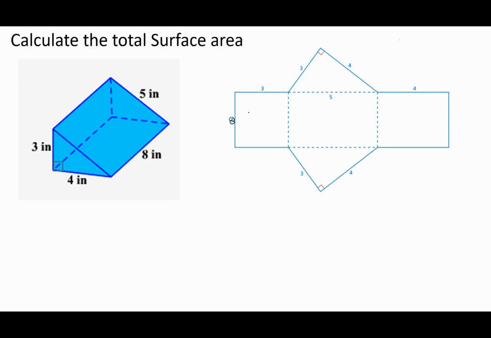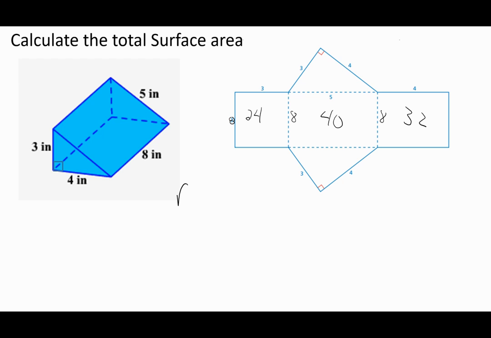The value of our figure 1 is length times width, which is 24. The middle part here, remember this is also 8, so 8 times 5 is 40. And then this is 8, and we have another 8 times 4, which is 32.